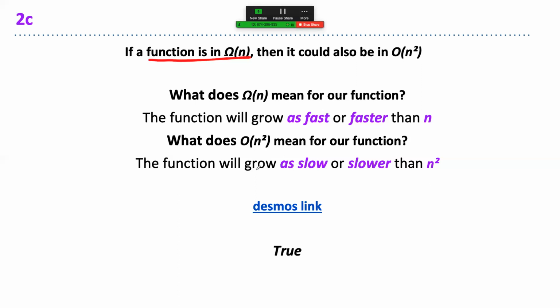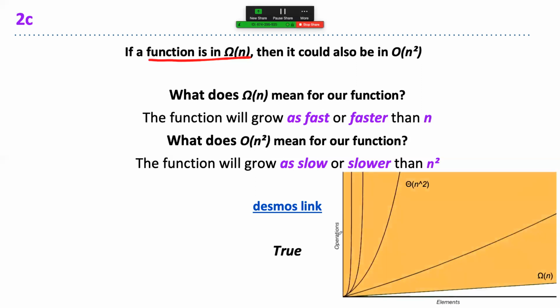And let's think about this visually. If a function is omega of n, it's basically this whole entire lower bound, and it tells us that our function can grow as fast or faster than n. So it could be n log n, or n squared, n cubed, and so forth.